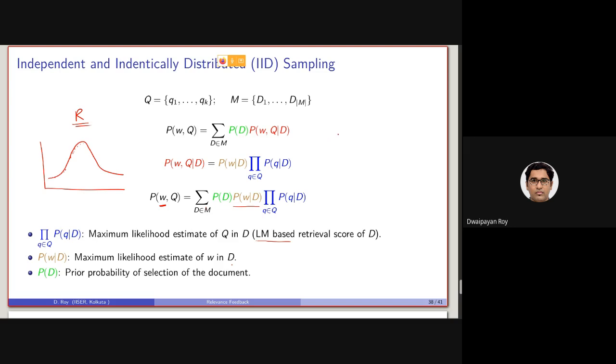So let me again just recap. M is basically the set of relevant documents.